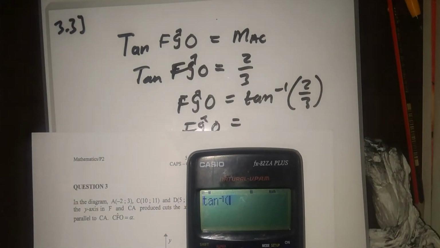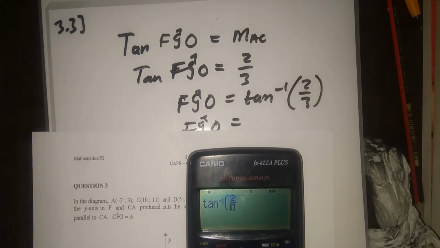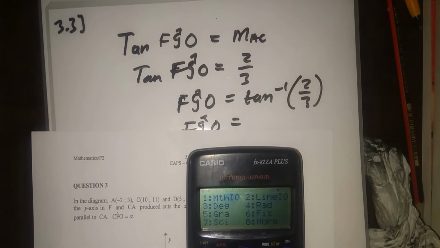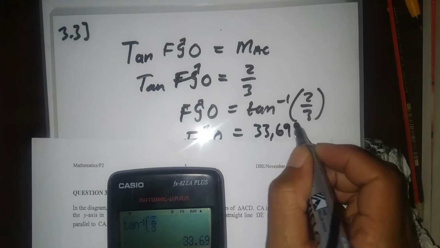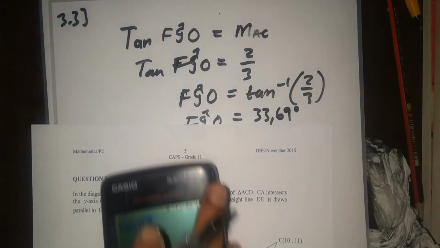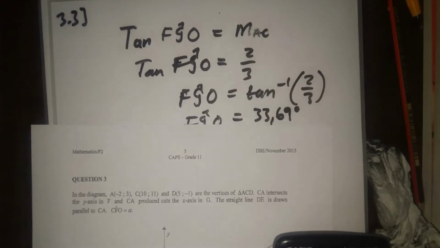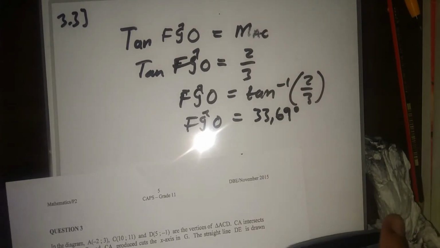Now it's tan minus 1 of 2 over 3, and let's give the answer to 2 decimal places. It's 33.69 degrees.